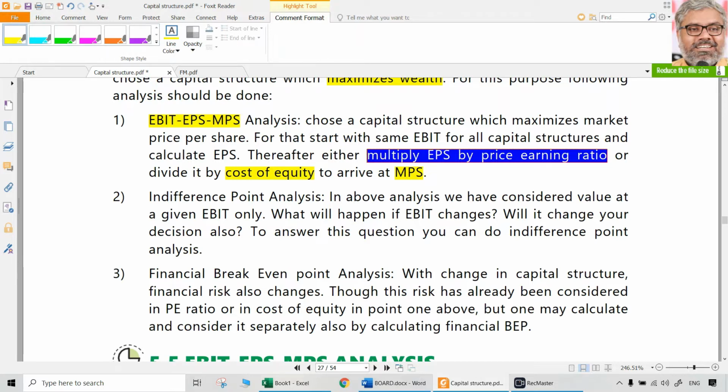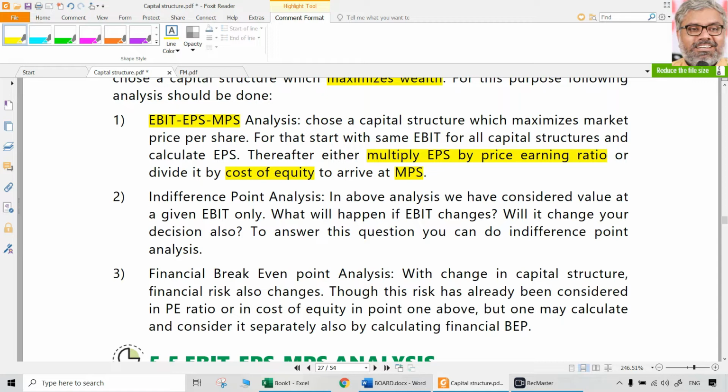If that is not given, if cost of equity is given instead of price earnings ratio, we know that these two can be considered reciprocals of each other, because one of the ways of computing cost of equity is the earnings yield approach. So P by E, if you reverse it, is E by P. So E by P is basically cost of equity.